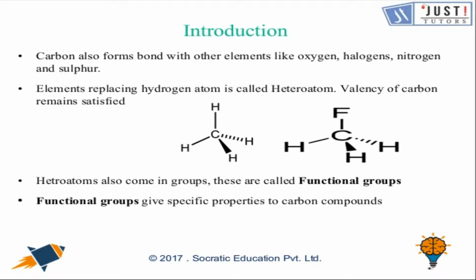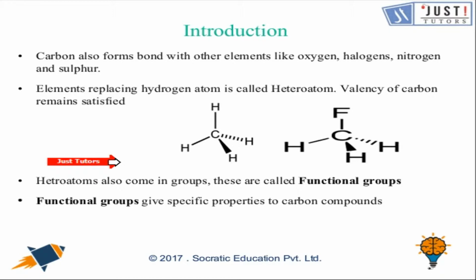They are replaced in such a way that the valency of carbon remains satisfied. Here we have methane, in which we have four hydrogens bonded with carbon, but now we have a foreign element, or heteroatom, which reacted by replacing one of the hydrogen atoms here.